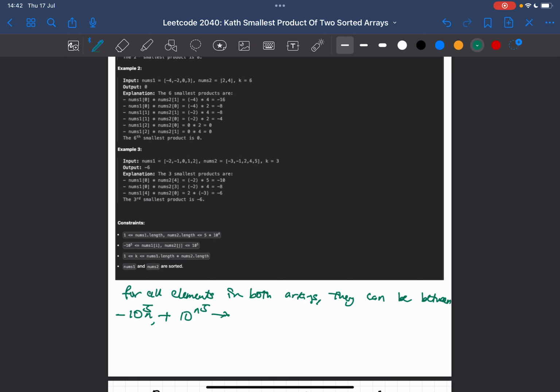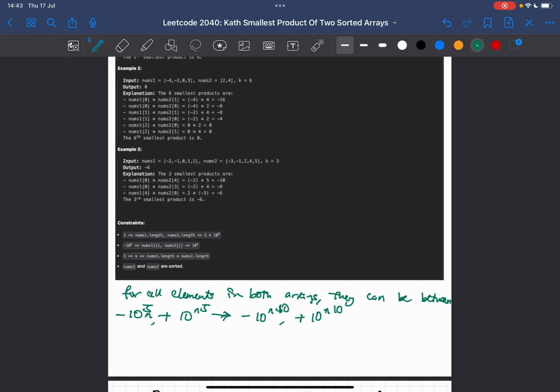And if you think about this, it means each product value, so if one number is say 100,000, and you multiply negative 100,000 by say positive 100,000, it means that at most your range of product values is between negative 10 raised to power 10 and positive 10 raised to power 10.